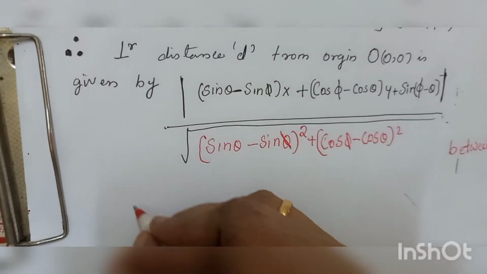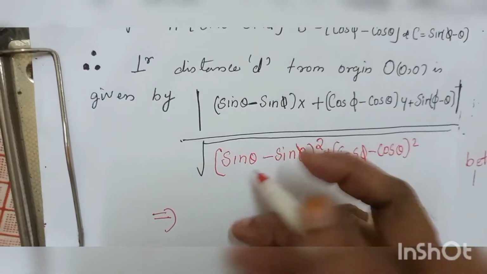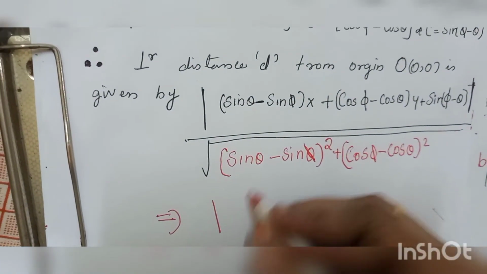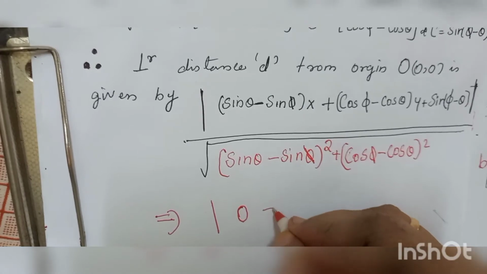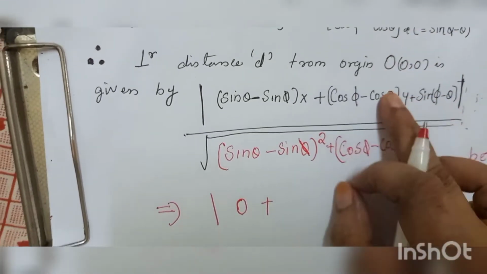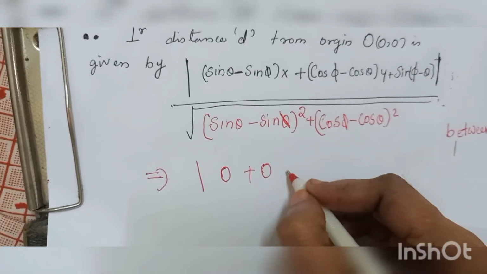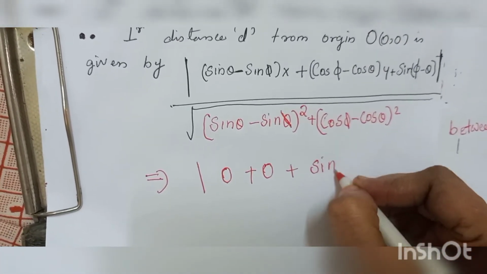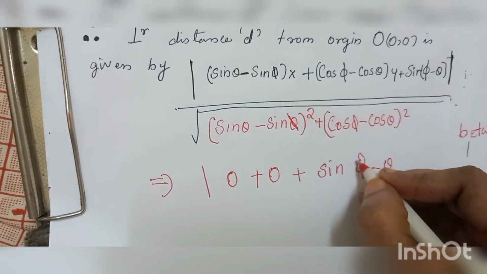Okay, which implies we can write. So we have to put x 0. So this term becomes 0. If you put x 0, we get 0 plus this term also, y also put 0. So we get that term also 0. Then plus sin phi minus theta we get, isn't it?